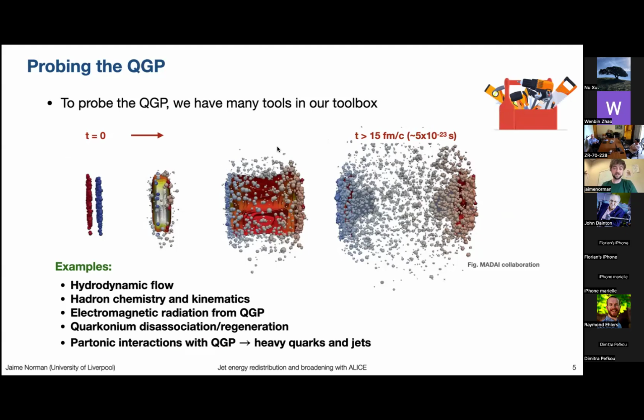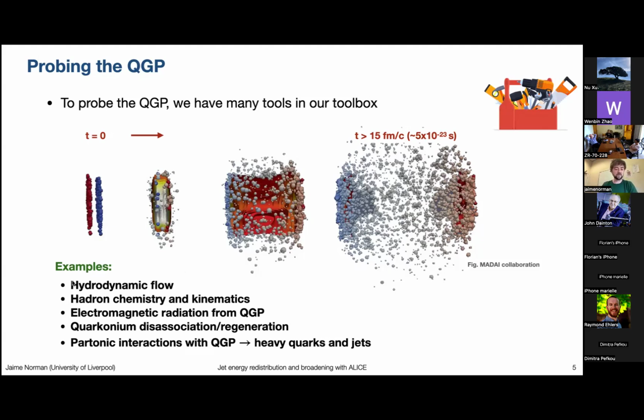To probe this state of matter, we have many tools in our toolbox. We measure the final state distribution of hadrons. We can look at, for example, its hydrodynamic flow by measuring the momentum distribution of hadrons at the end. We can measure the hadron chemistry and kinematics, which tell us about its point at hadronization.